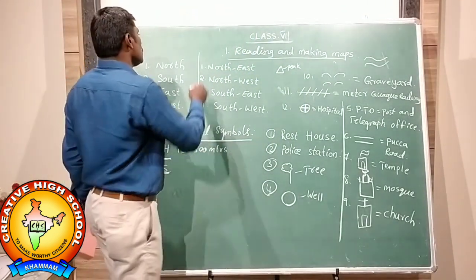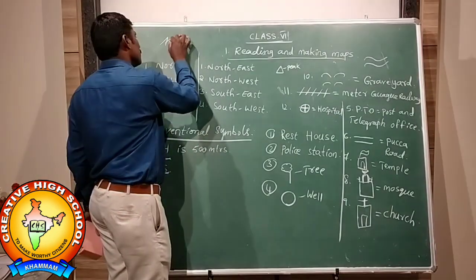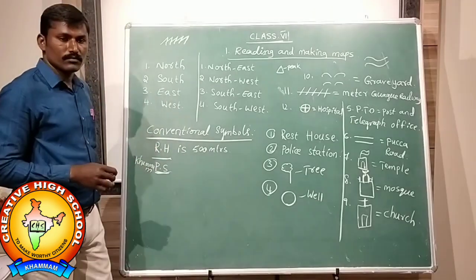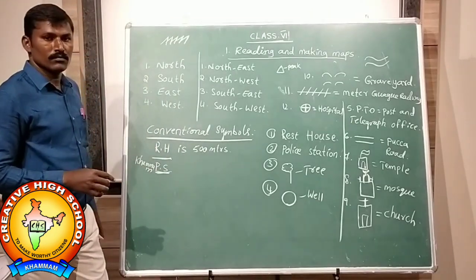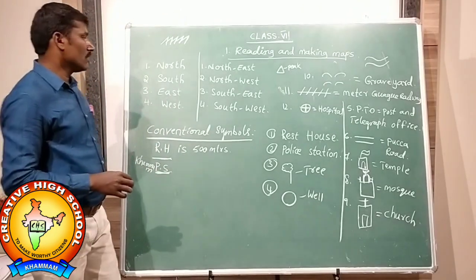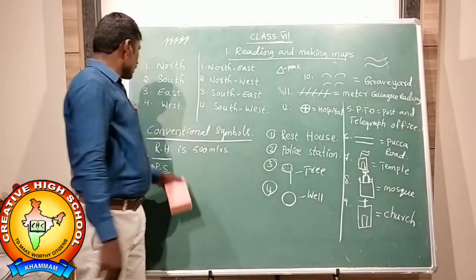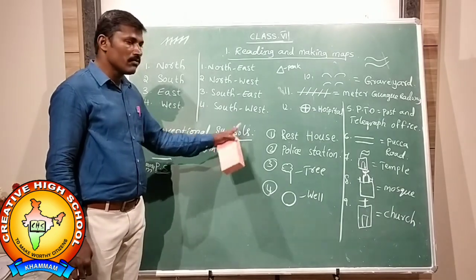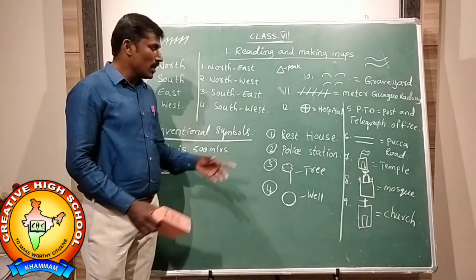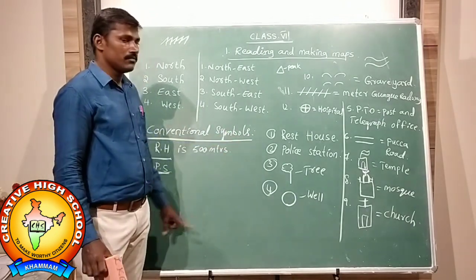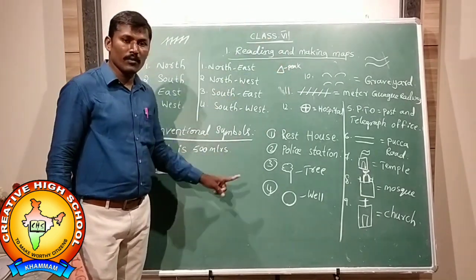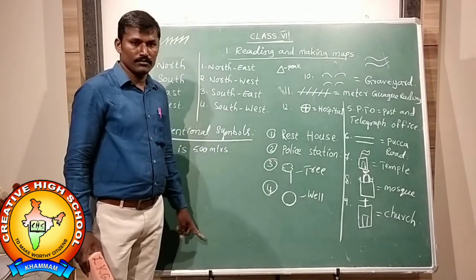And for mountains, this is a symbol. These different kinds of conventional symbols we are using. By using these conventional symbols only, we are able to understand this map or any one particular area.